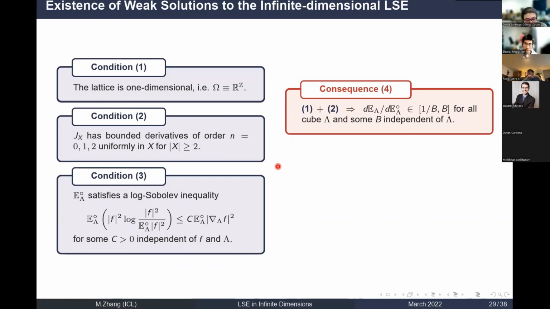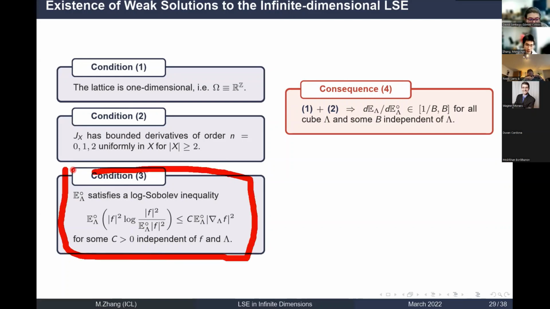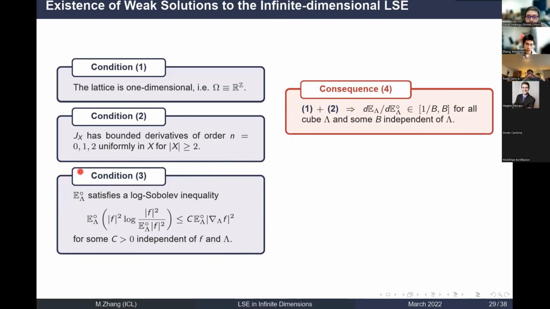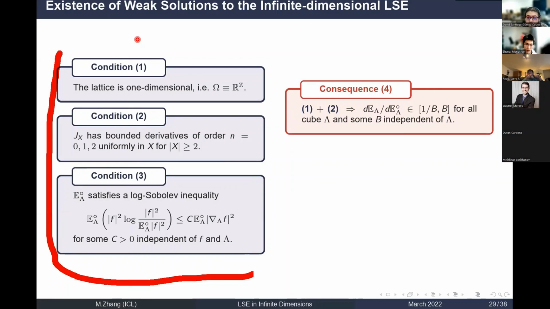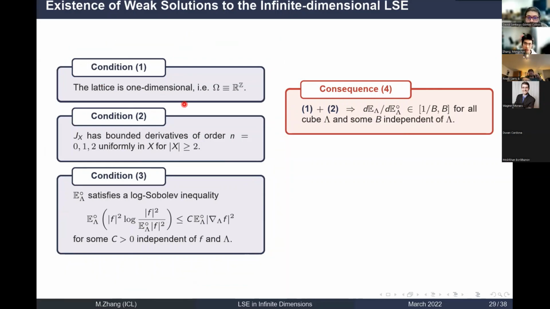Because you have a strongly convex condition on each site, you have log Sobolev by the so-called Bakry-Emery conditions. And because your multi-particle interaction is bounded, you can use a bounded perturbation argument to deduce the log Sobolev inequality. So for this setup only, it's quite easy to satisfy. But for high-dimensional lattices and for unbounded multi-particle interactions, things will be tricky. We might need to work on that in the future. But that's a very good question.